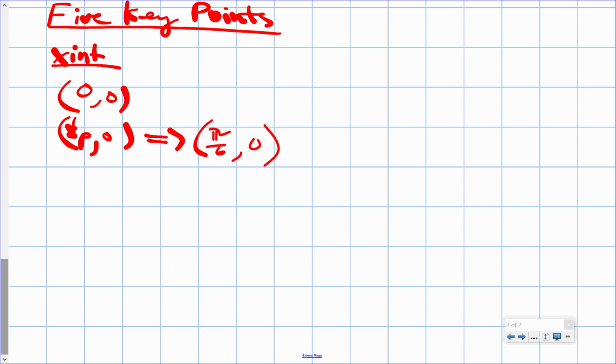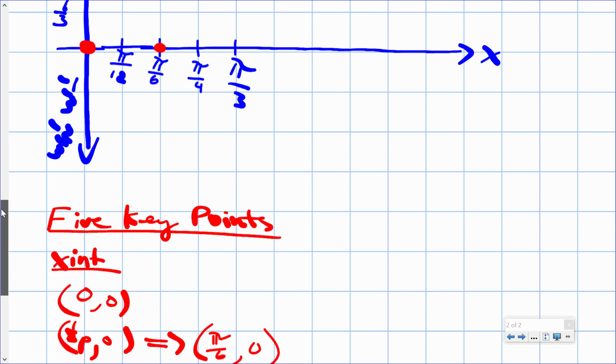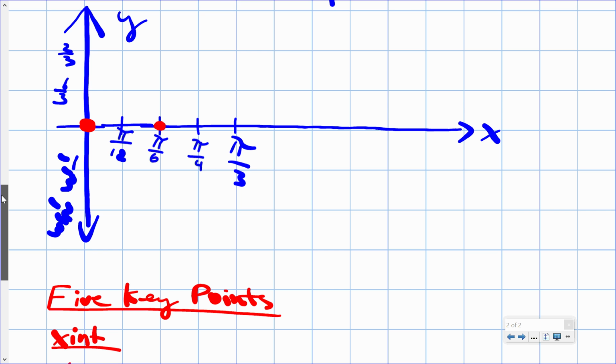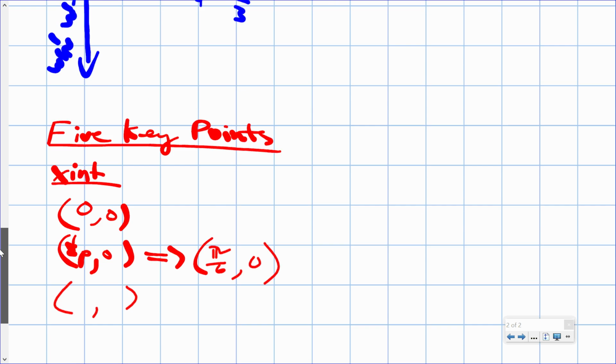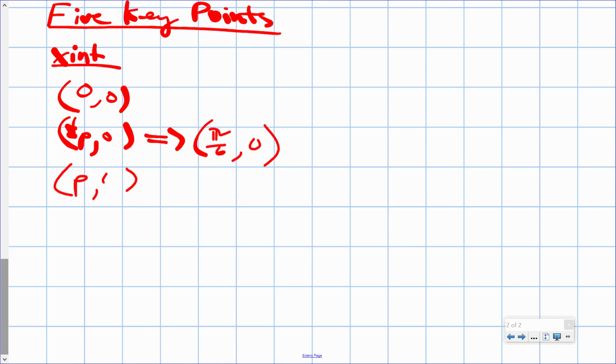What's the third x-intercept? The third x-intercept for sine? The period, 0. In this case, it'll be pi over 3.